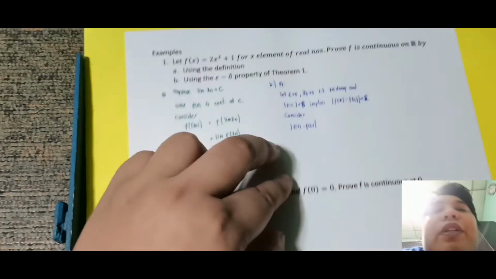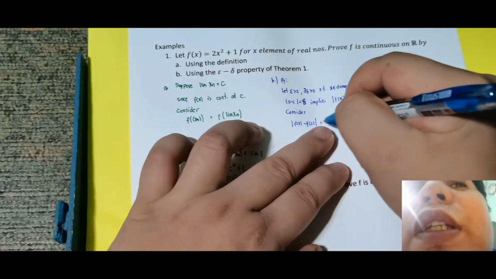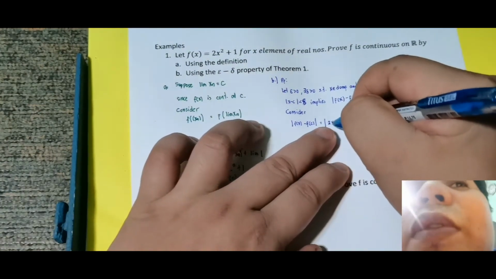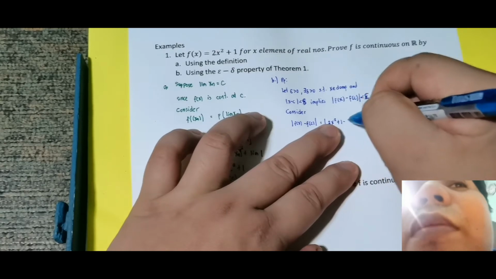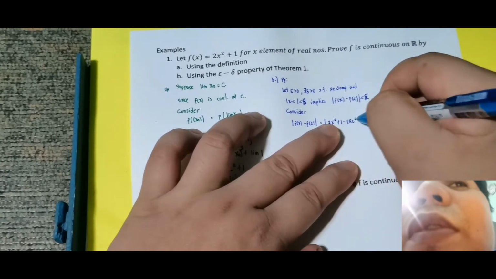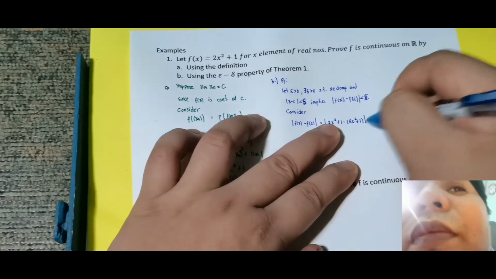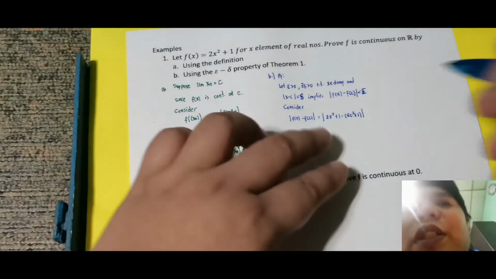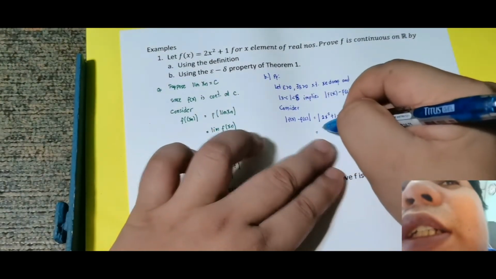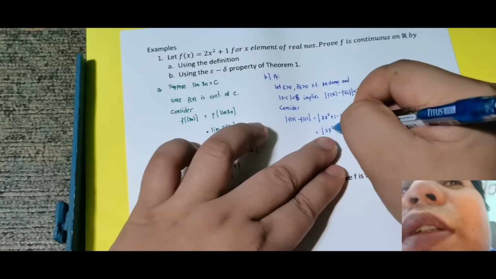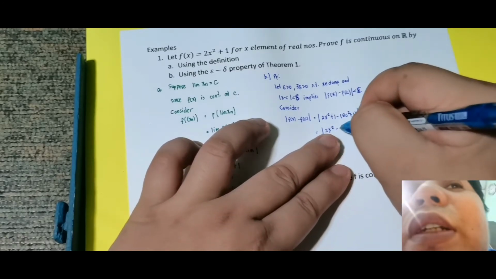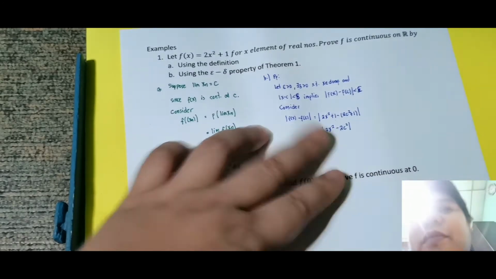Consider the absolute value of f of x minus f of c. By the definition of the function, this is equal to 2x squared plus 1 minus 2c squared plus 1. The 1 minus 1 cancels, so this is 2x squared minus 2c squared.